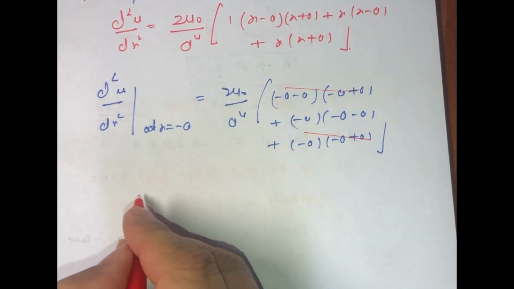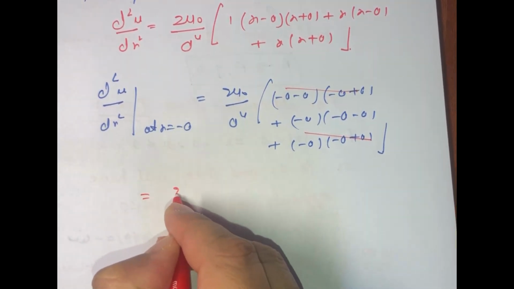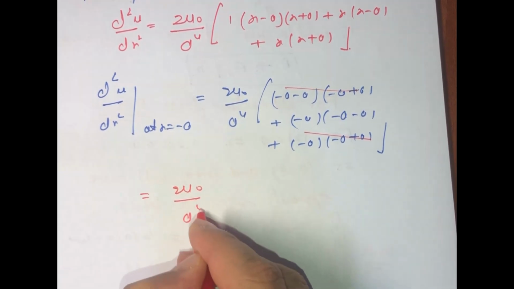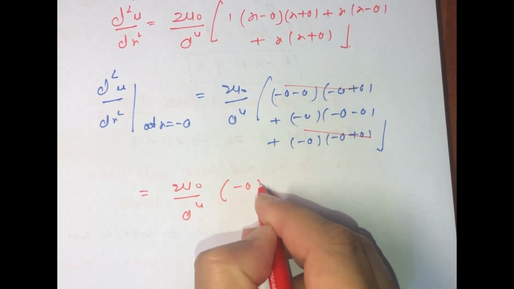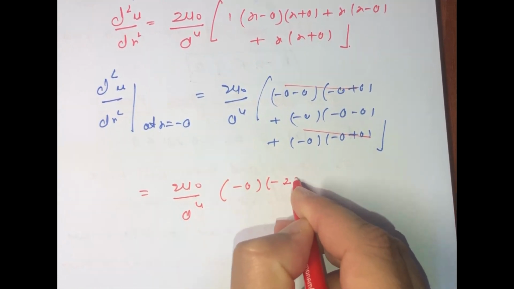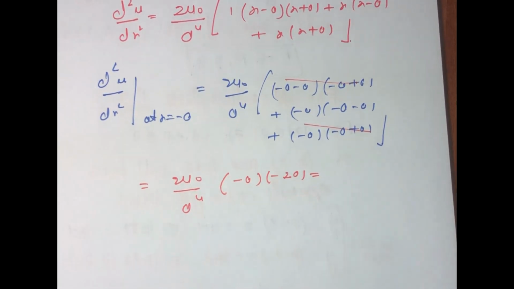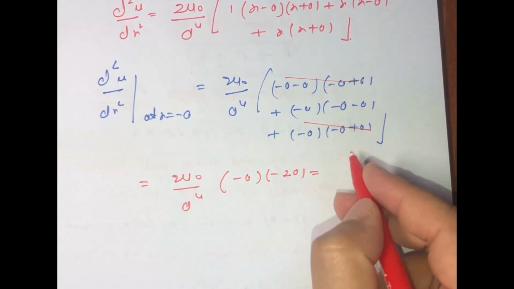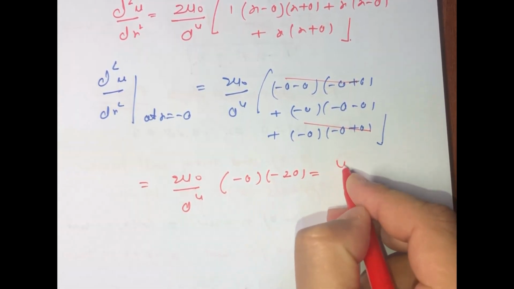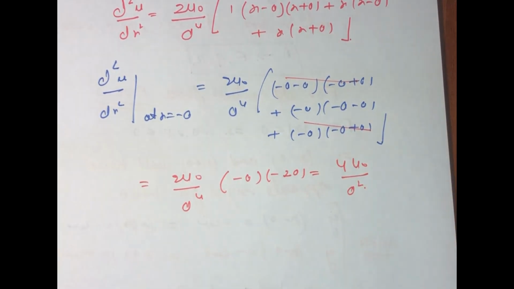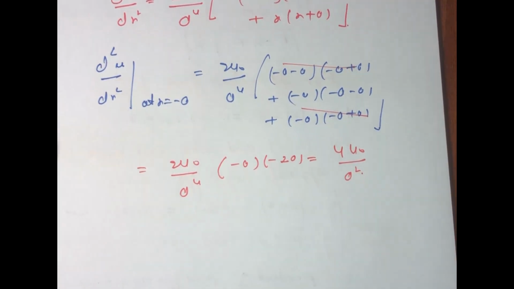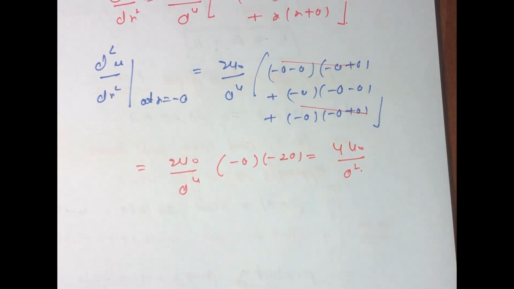So this double derivative will be equal to 2U naught divided by A4 multiplied by minus of a into minus of 2a, which will be plus 4U naught a square. We are more or less interested in the sign.